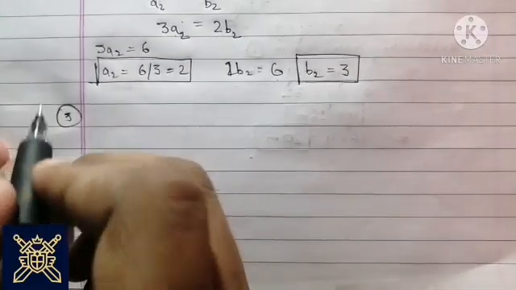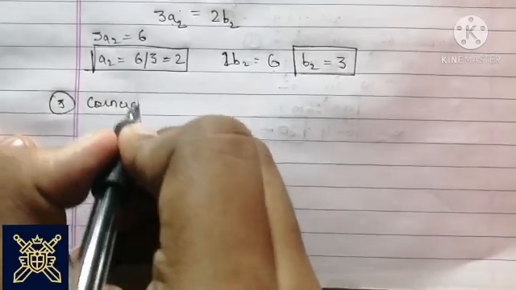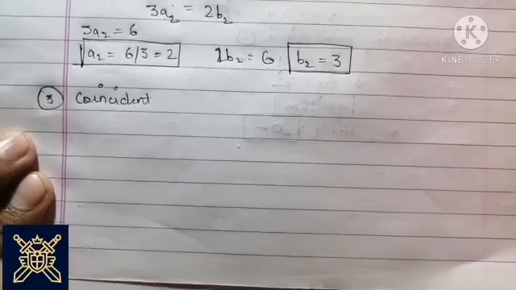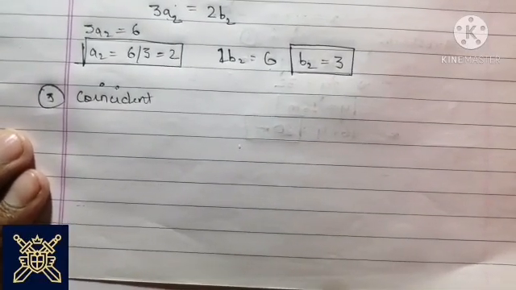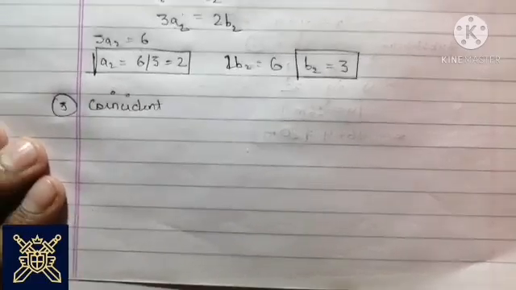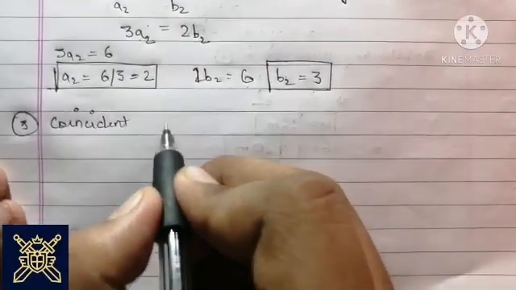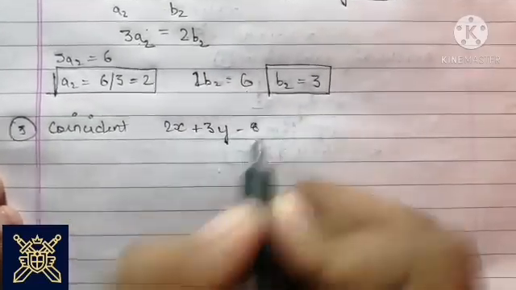In the third part, you have to make the lines coincident, which means that the coefficients of x, that are a1 and a2, should be multiples of one another. In this question we were given the equation 2x plus 3y minus 8.